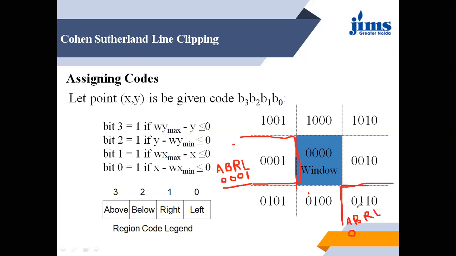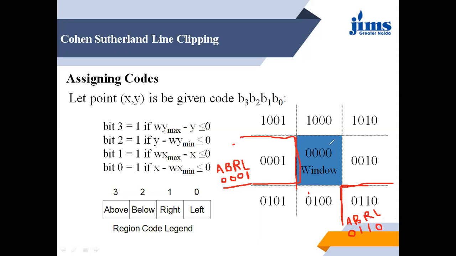Is this below the window region? Yes, so B is 1. Is it right? Yes, this is in the right of the window, but this is not in the left of the window. So this is 0, 1, 1, 0. By using this way, we can find out the values of different regions.